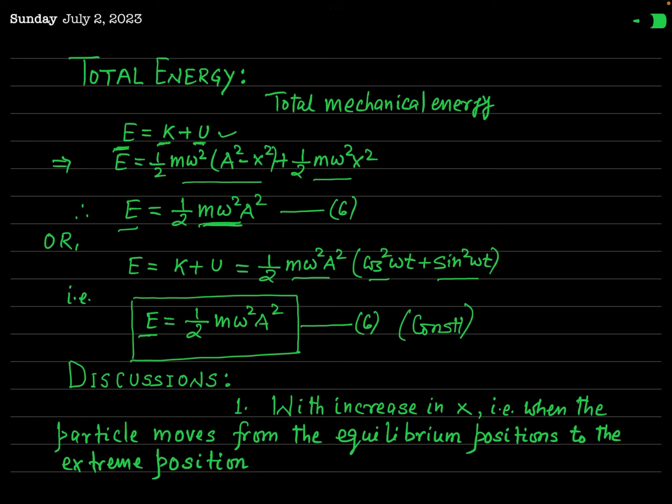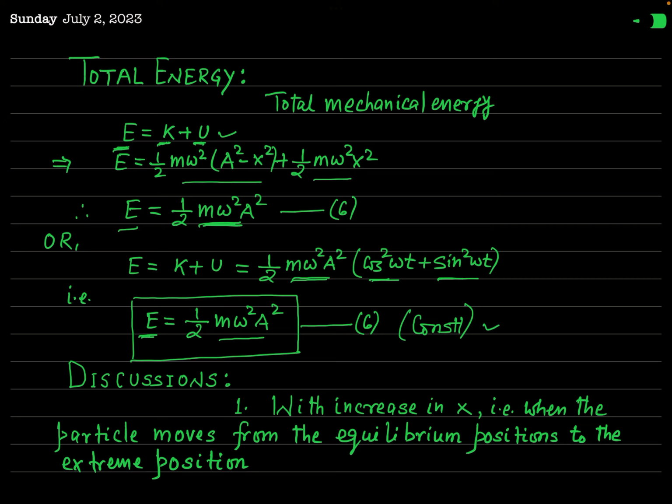So we can take half m omega square A square as a common factor and the remaining terms will be cos square omega t plus sin square omega t, which is equal to 1. And that's why you can say that E is equal to half m omega square A square. So these are the expressions for kinetic and potential energy, and you have seen both kinetic and potential energy vary with position and with time, but total energy remains constant.